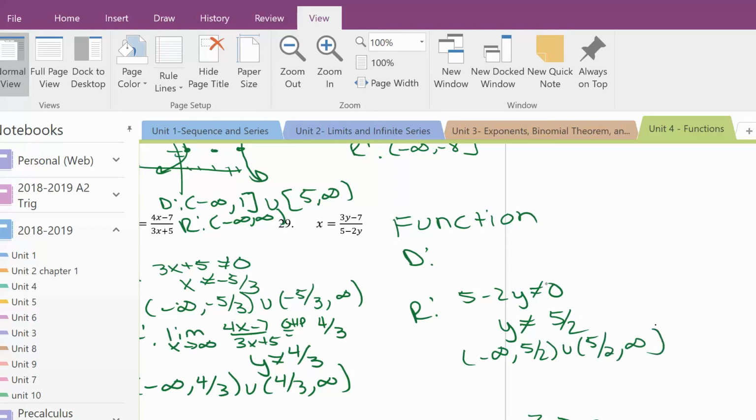The domain, you take the limit of the function, so that means x cannot equal negative 3/2, so it's negative infinity to negative 3/2 union negative 3/2 to infinity.